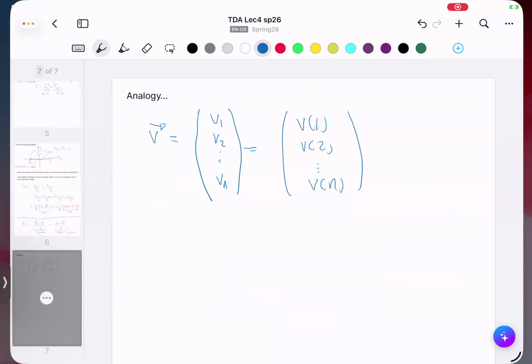So from this perspective, a vector is just a function from the set from 1 to n into the reals, because each of them is a real number. This is a real number, this is a real number, this is a real number. So if you have a function, like in discrete math, on the set 1, 2, 3, 4, 5 up to n, just a finite set, like a finite set.